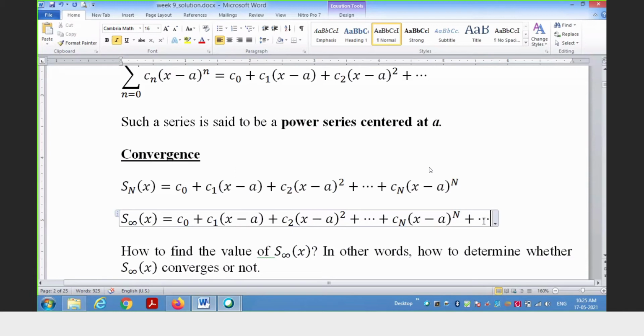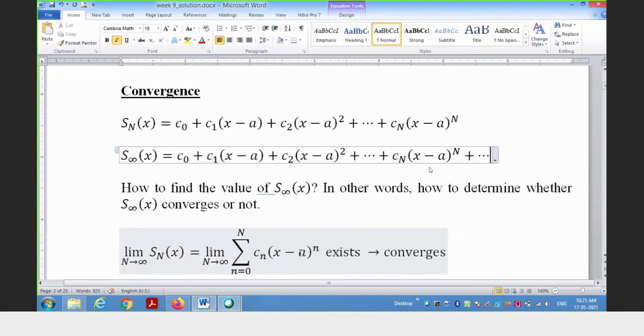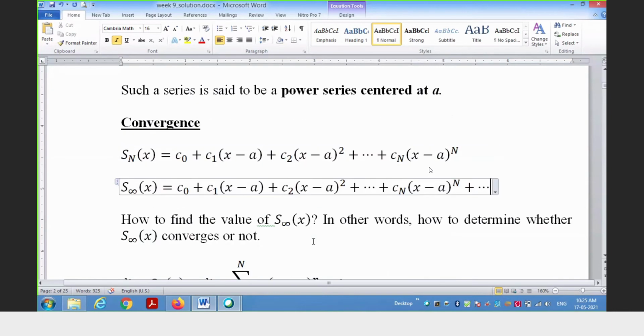There is no ending point, so you cannot find this value. But are there any other ways to predict whether this series diverges or converges?